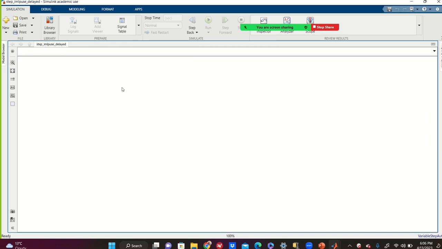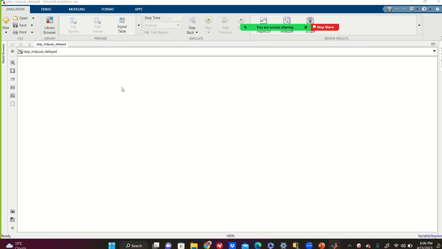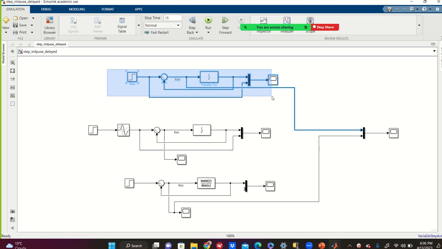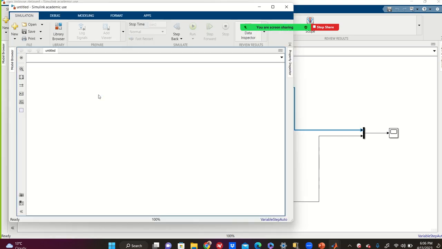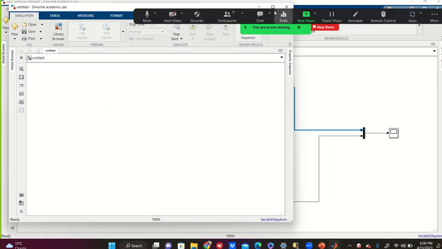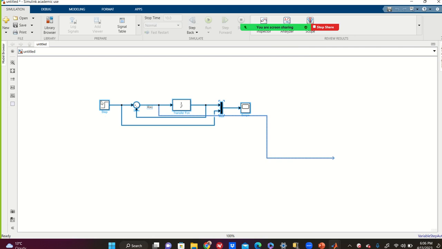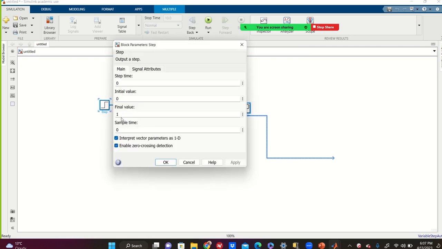Okay, good. I'm gonna copy this, make a new one. And first of all, I'm gonna keep it as 45 degrees, that's right. Final value gonna be pi over 4. That's right. 45 degrees.